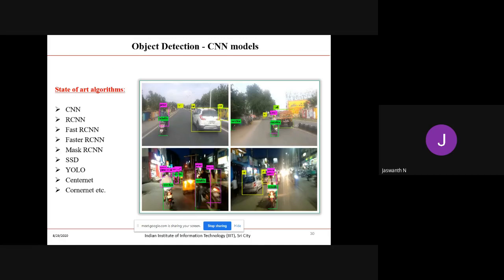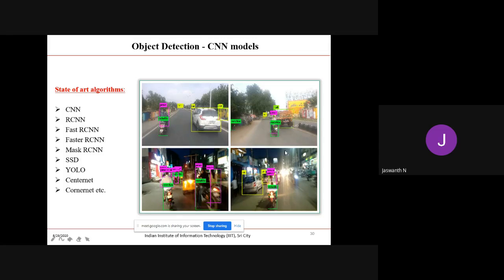So now coming to the object detection models. With this inspiring motivation from CNN and also ANN concepts, object detection models like RCNN, that is the region-based CNN, Faster RCNN, and also single-phase object detection models like YOLO and two-phase object detection models like Fast RCNN do exist.